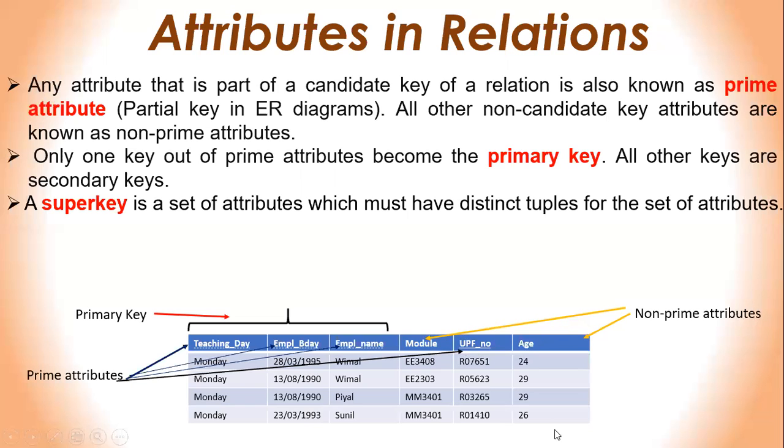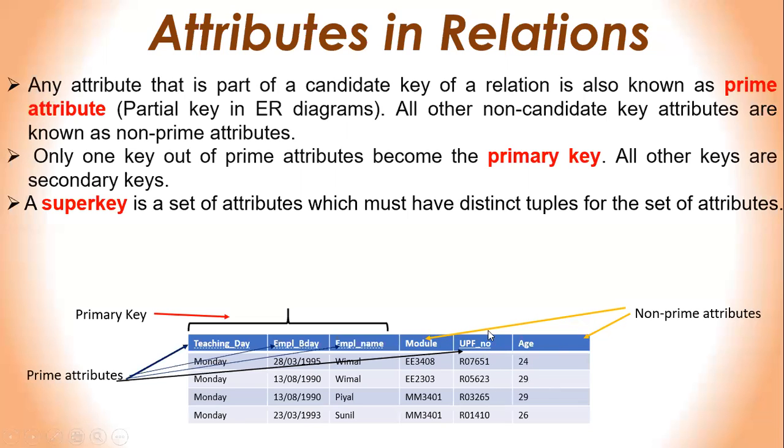But can age alone, without the help of UPF number, form a super key? It cannot, because age can be equal. Age can be equal like this. So it will not have distinct tuples. So a super key is a case where it has distinct tuples.